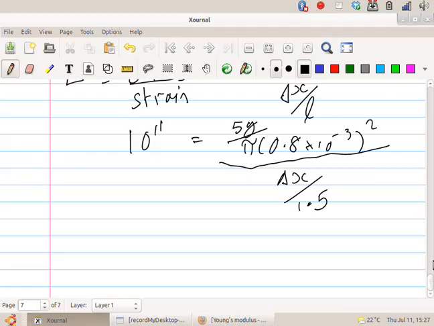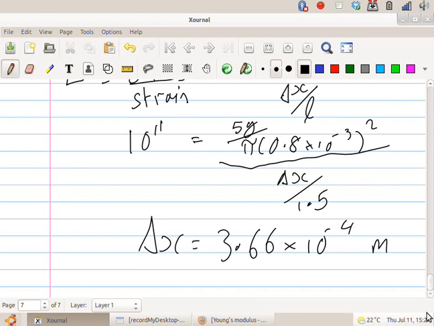And then okay, so I got delta x equals 3.66 times 10 to the minus 4 meters. That's my delta x. But that's not it. He wants the stress.